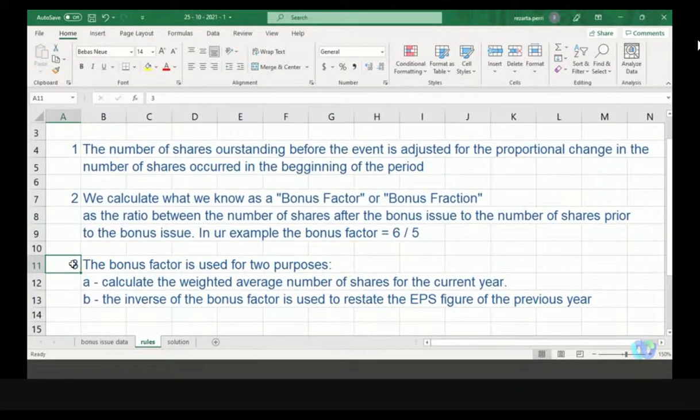So first, the bonus factor is used to weight the number of shares, and basically this is done to fulfill the requirement of IAS 33 to consider as if the bonus was issued not on 1st of July, but since the beginning of the current period. And secondly, by using the inverse of the bonus fraction, we can restate the earnings per share figure of the previous year, very simply.